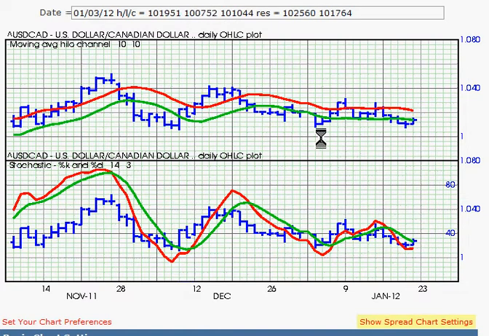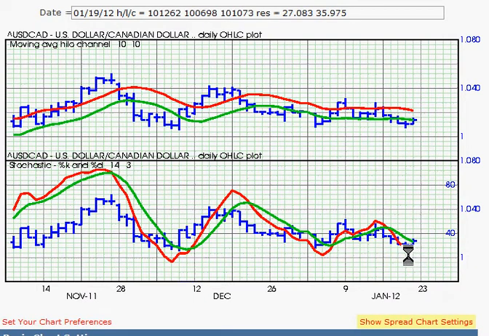Okay, this pair is kind of sideways right now, but it moved below the bands here, and it came back above the bands, and now it's back below the bands, and the bands are more in a downtrend, so I think this pair is going to continue lower here. If we took out these pivot lows here, that would be a good sign that this market's heading lower, so we'll look for lower prices in this.